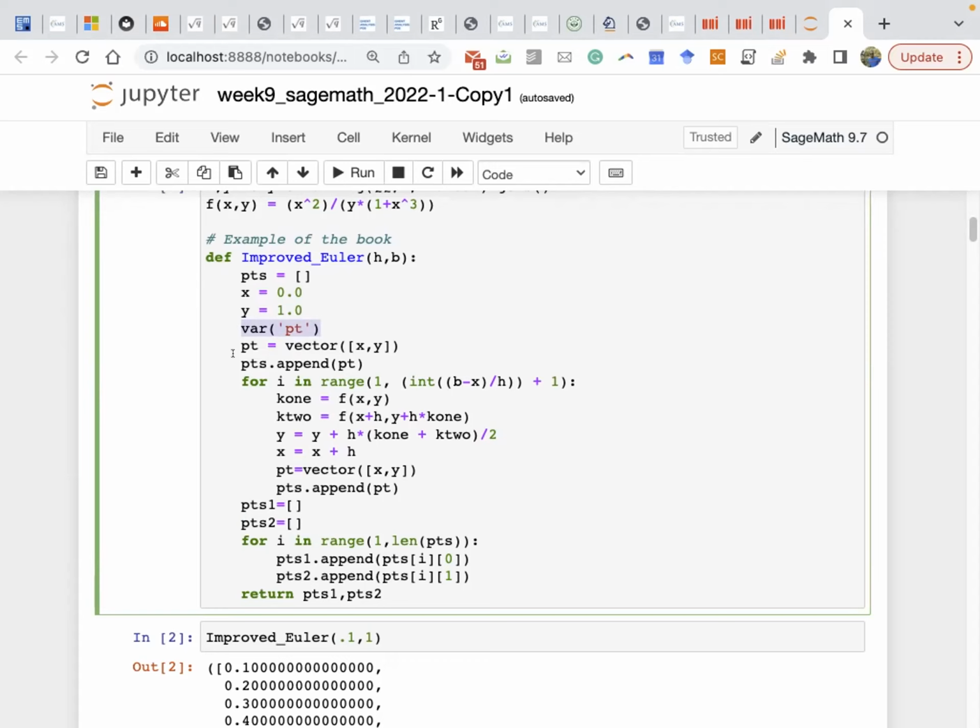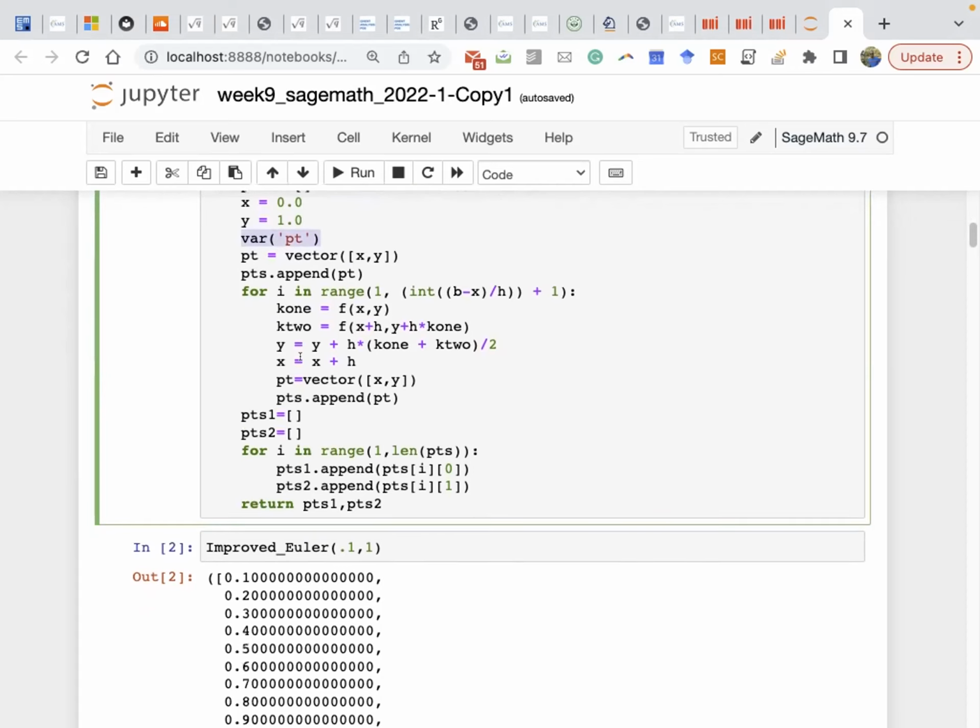This point is itself a vector, xy, so we will save this point inside the big list of points here.